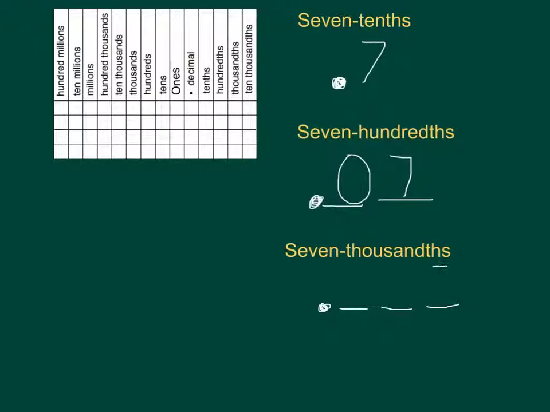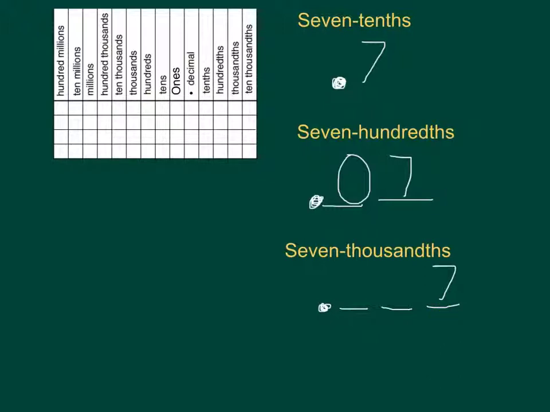We would put our 7 right here, but instead of leaving these 2 blanks empty, we need to fill them with something. We don't want to add to the value. We need just 7/1000ths.